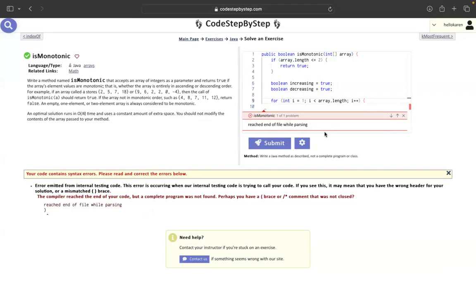You would have to go through each number and see whether the second number is less than or greater than the first one, and then whether the third number is greater or smaller than the previous one.